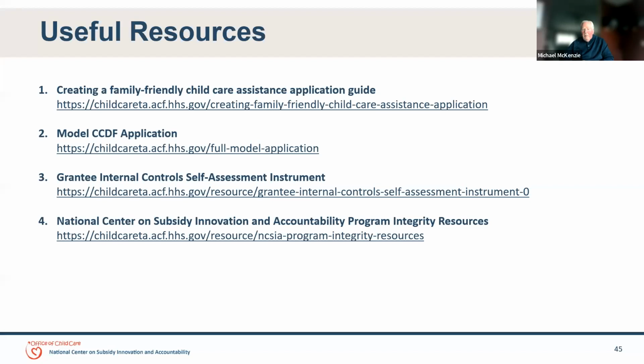So we encourage you to check it out. And then finally, the National Center on Subsidy Innovation and Accountability Program Integrity Resource landing page will give you some information on other webinars we have offered before, as well as the error rate process, the self-assessment instrument, and our fraud toolkit. So we encourage you to check any of those out.